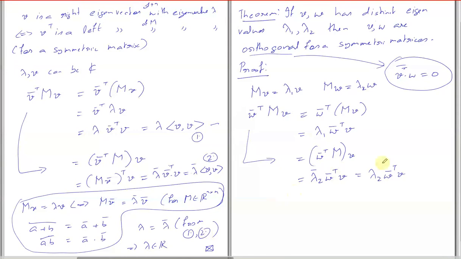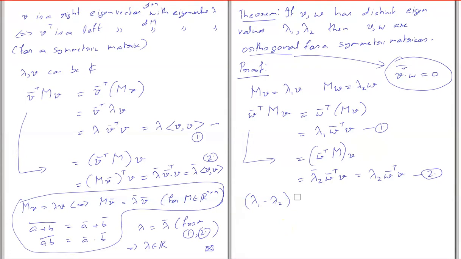So what do these two imply? This is equation 1, this is equation 2. Lambda 1 equal to lambda 2, unless the dot product of W and V is 0. So this means that lambda 1 minus lambda 2 times the inner product of W and V equals 0. That's what this means, right?